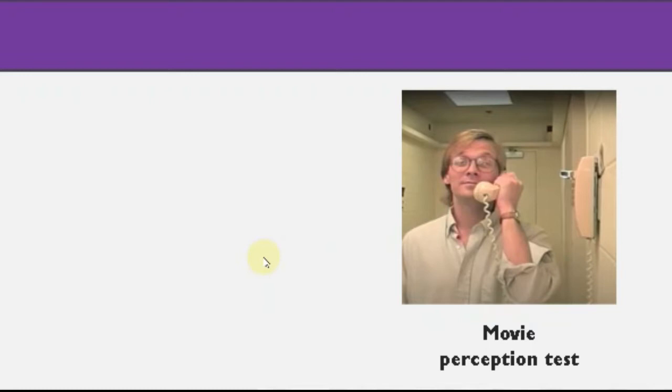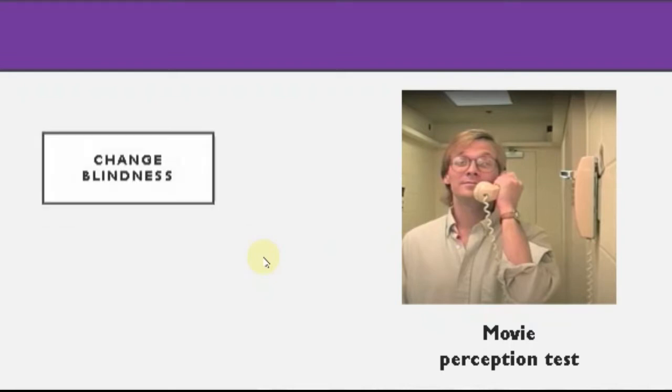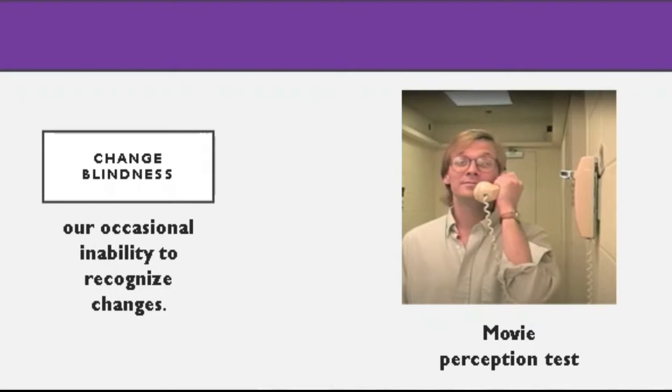Not all of us noticed that. For that movie perception test, we have here change blindness. It's our inability to see the changes in a certain scenario. It is our occasional inability to recognize changes as well.